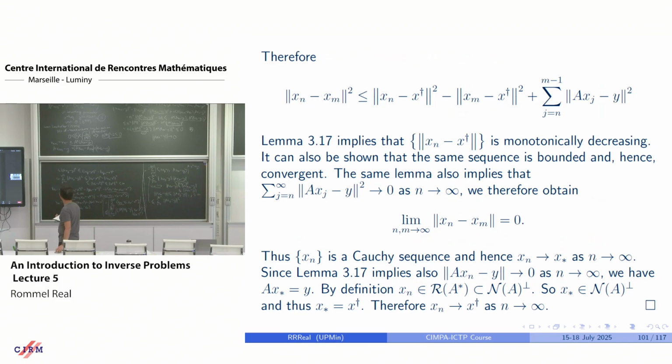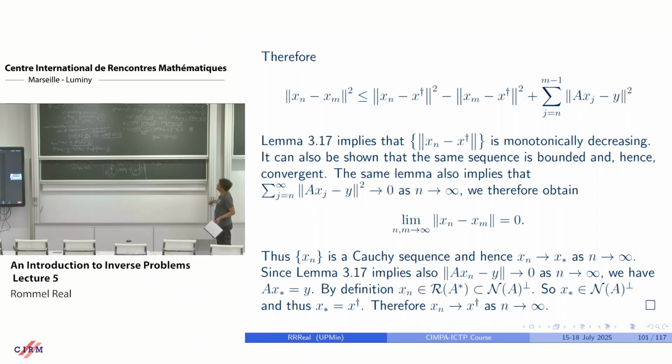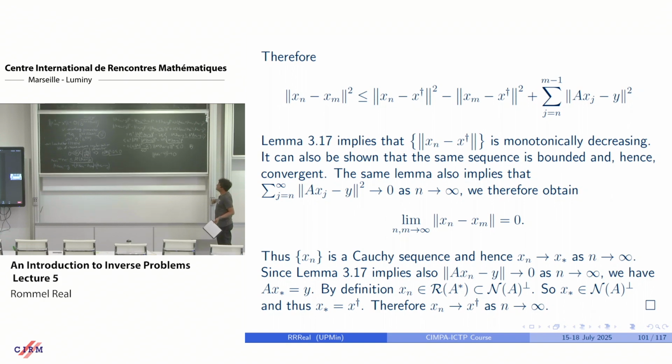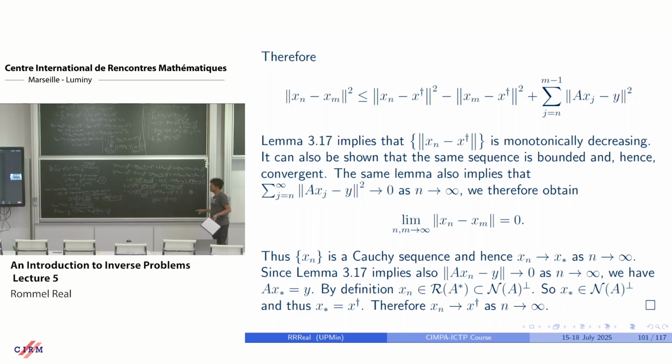Now by rewriting this one with that bound over there, we can apply the triangle inequality again, so we'll have something like this one.